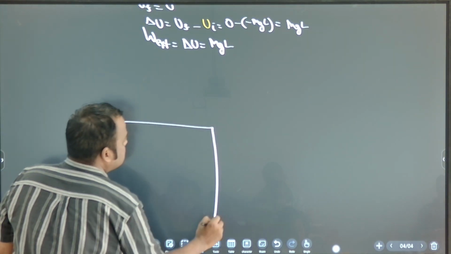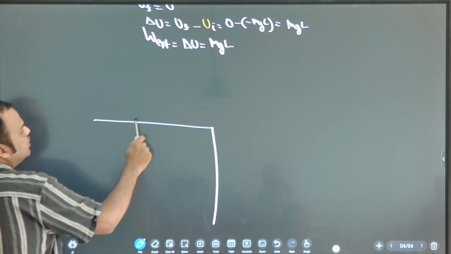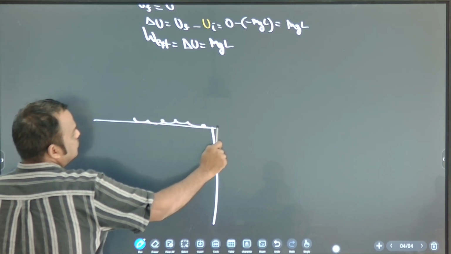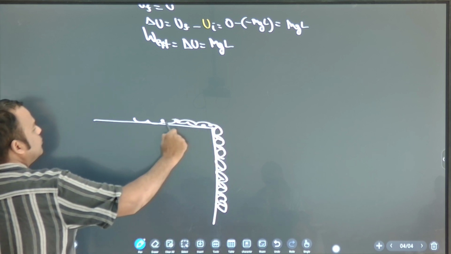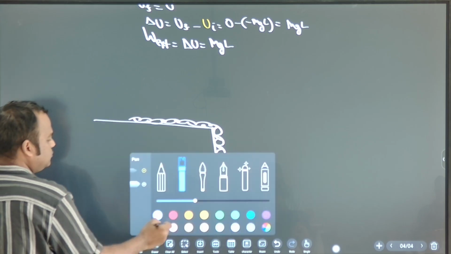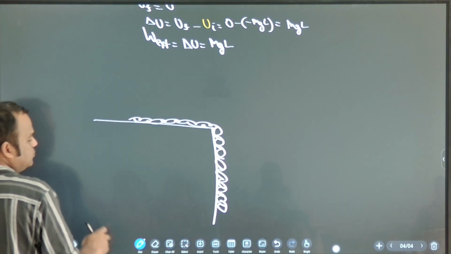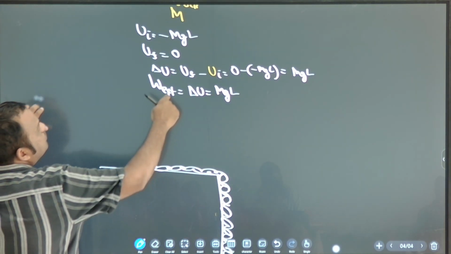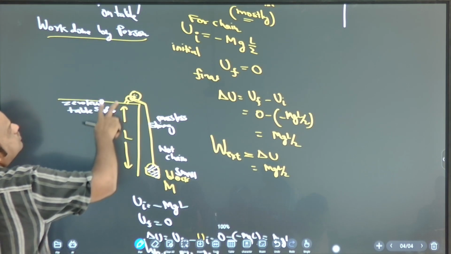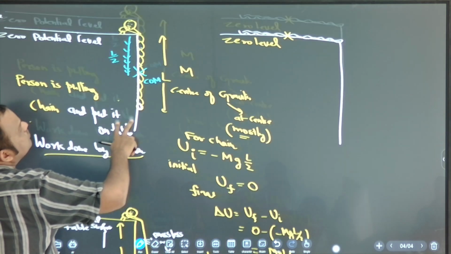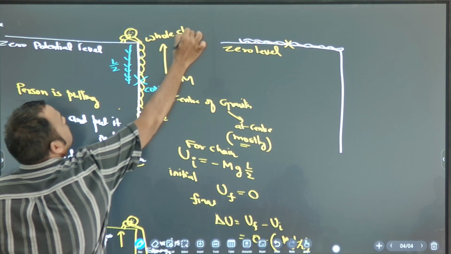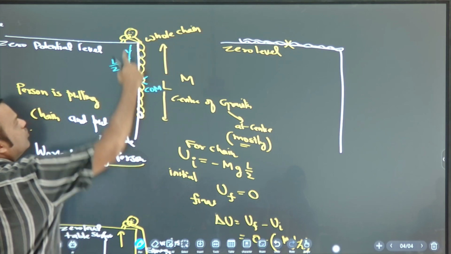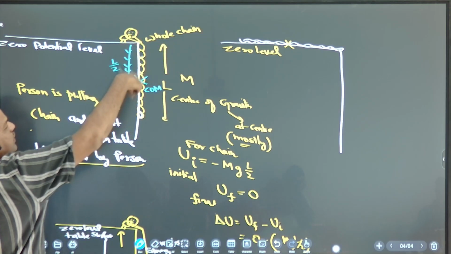So suppose this is the table. Now like this. Here what is the situation? Here the whole chain is there, the whole chain L hanging.